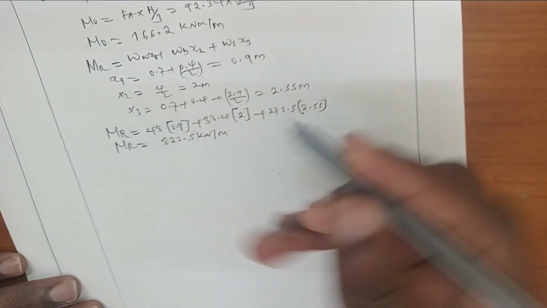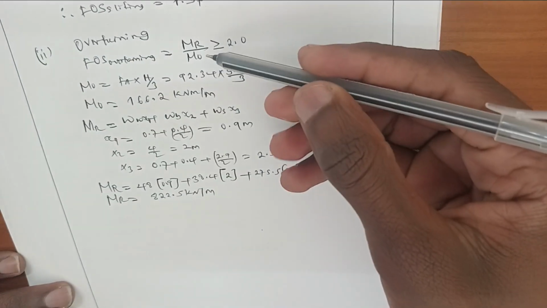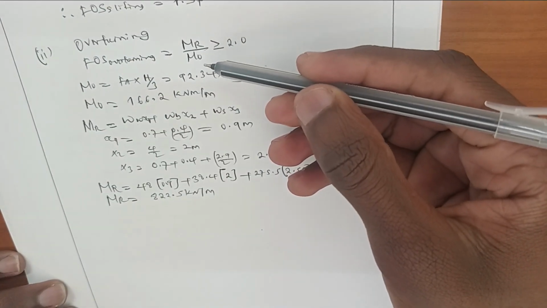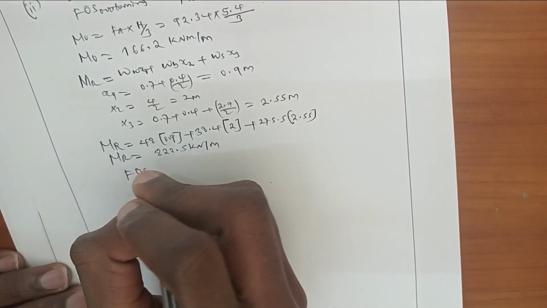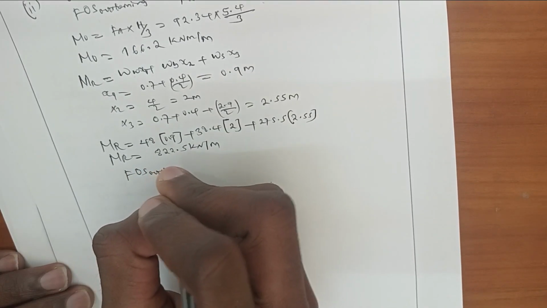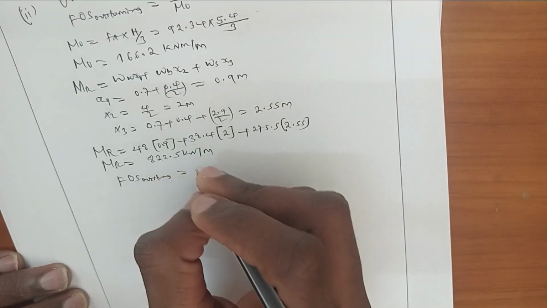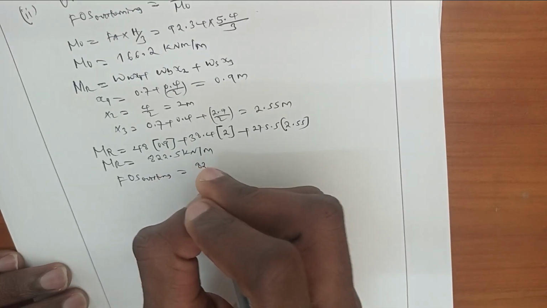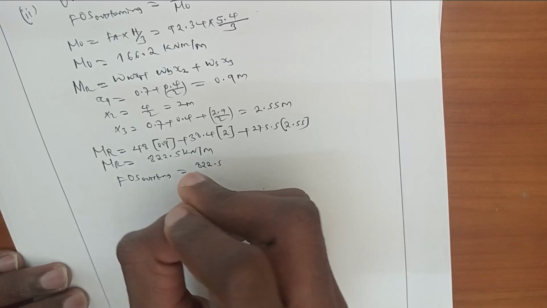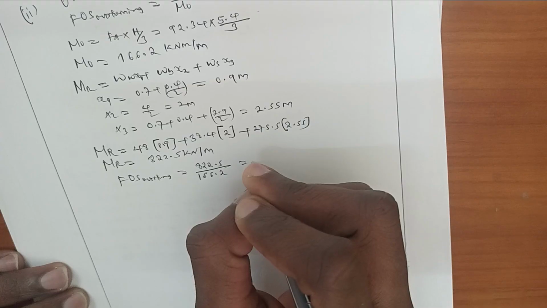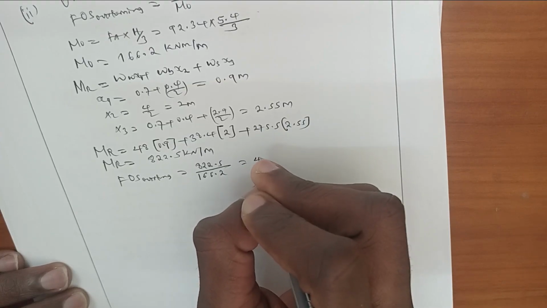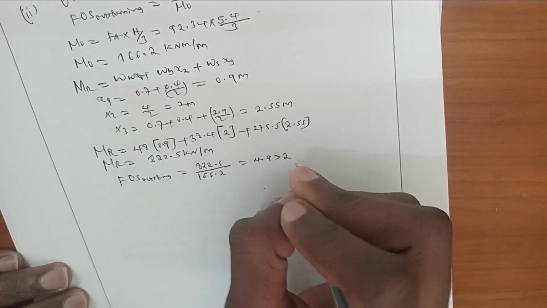Now, let's substitute into this formula of factor of safety against overturning. It will be equal to resistance moment, which is 822.5, divided by 166.2. It will be equal to 4.9, which is greater than 2.